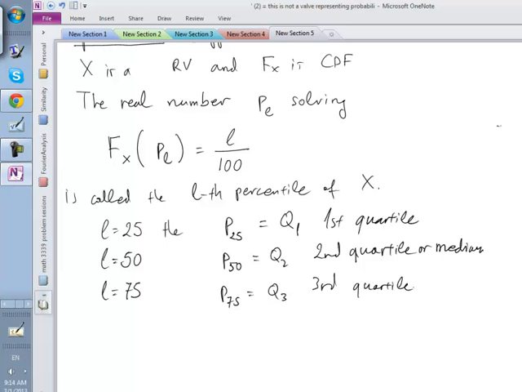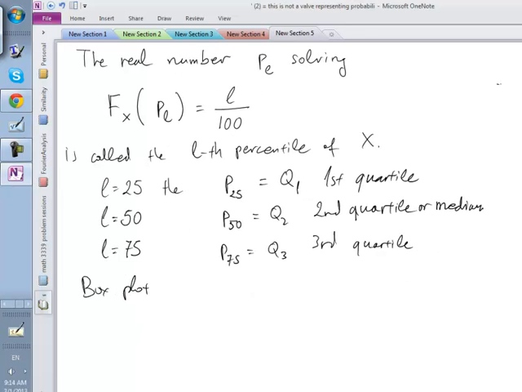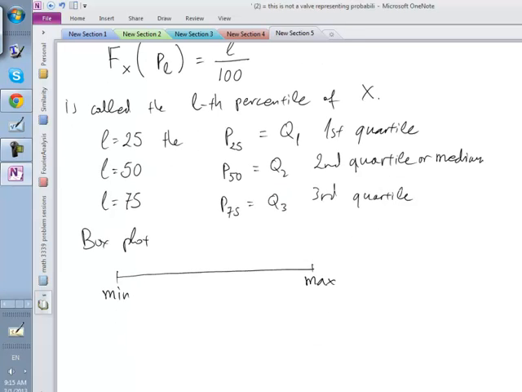And when we use the term box plot or box and whisker plot, that's a very easy way to put these numbers. In a box and whisker plot, we put the minimum value and the maximum value. Typically, this is only asked when we have data, because if we consider the random variable in abstract, this minimum can be negative infinity and this maximum can be plus infinity.